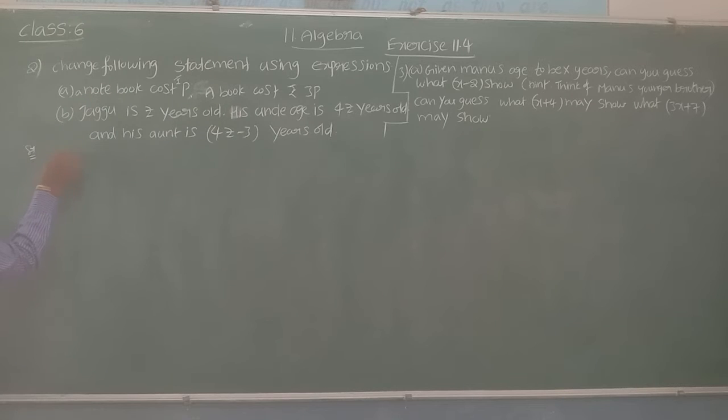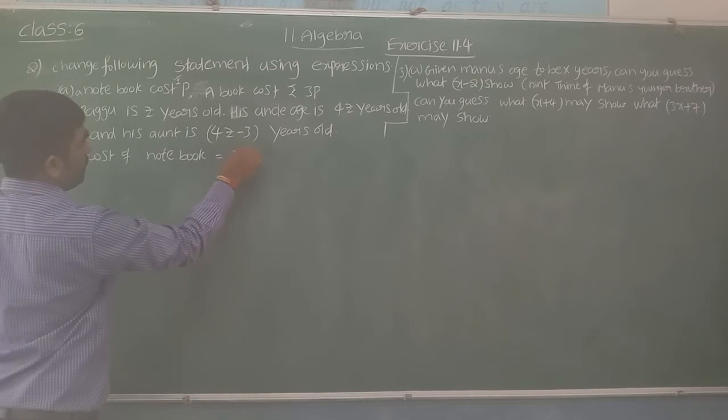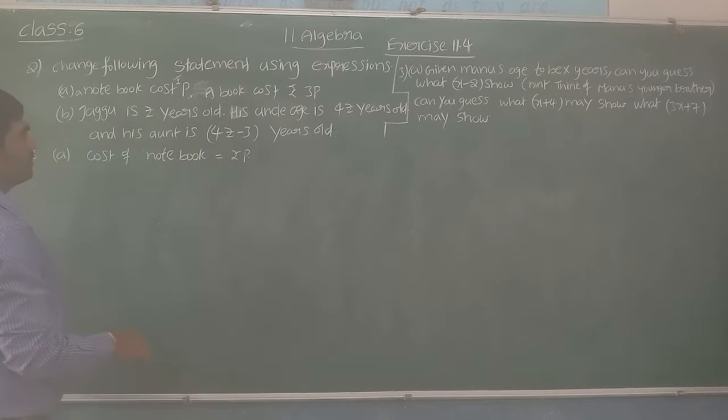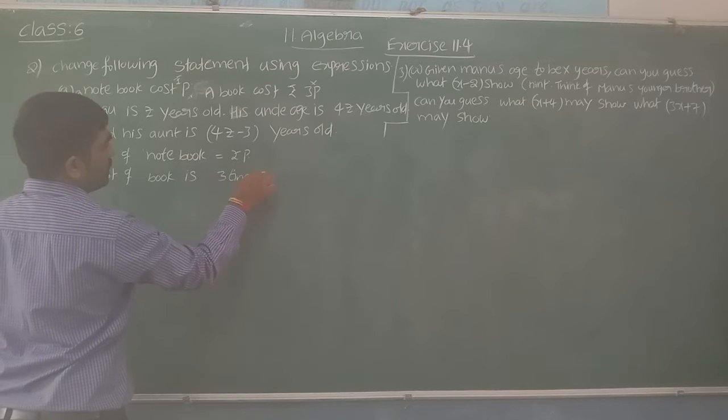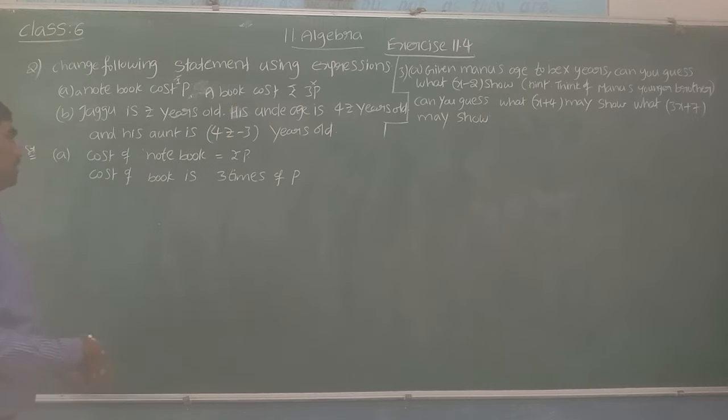Here we take the cost of the book and the cost of the notebook. The cost of the notebook is rupees P, and the cost of the book is 3P. How can I write 3P? 3 into P, with no symbol in between, is 3 times P. The cost of the book is 3 times P.